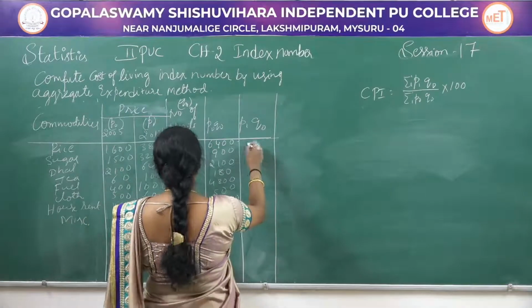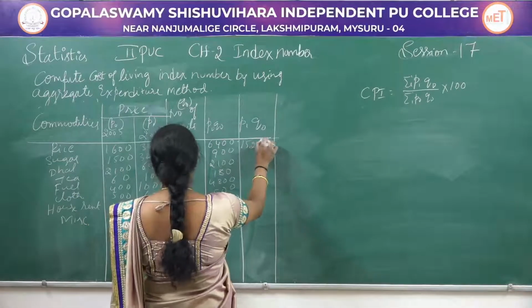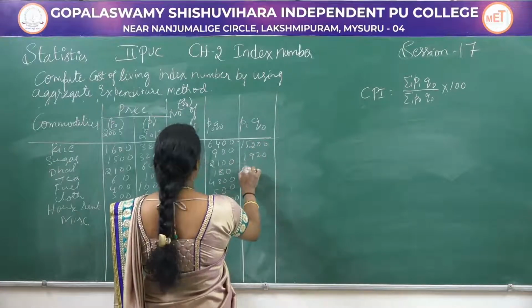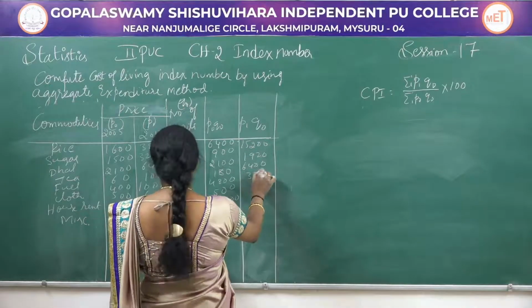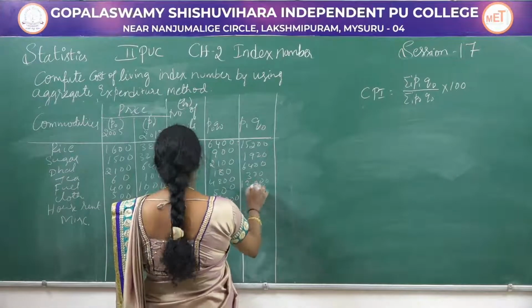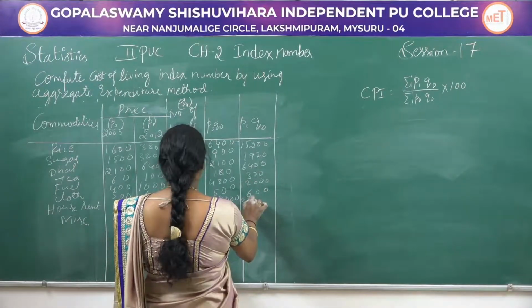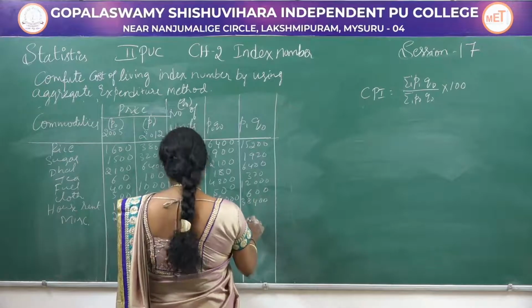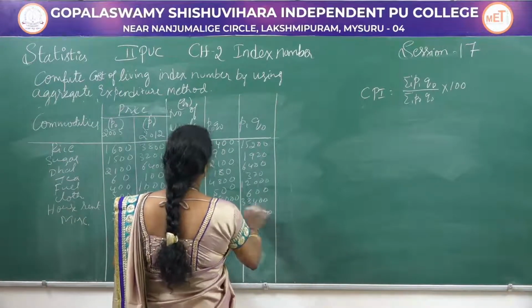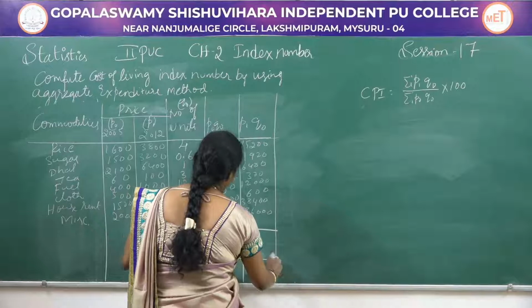For P1 Q0, the values are 15200, 1920, 6400, 300, 12000, 600, 38400, 36000. Now take the summation of these two.